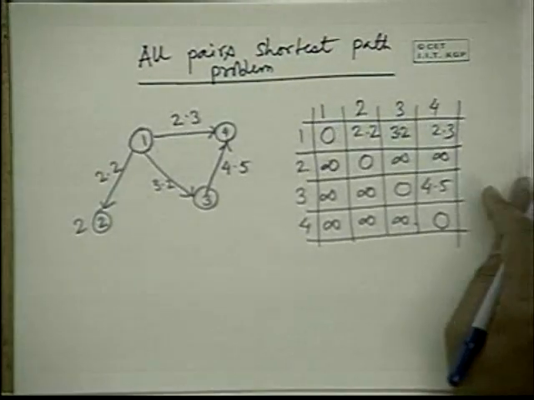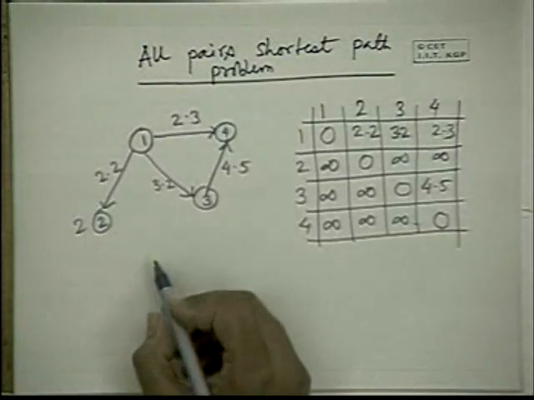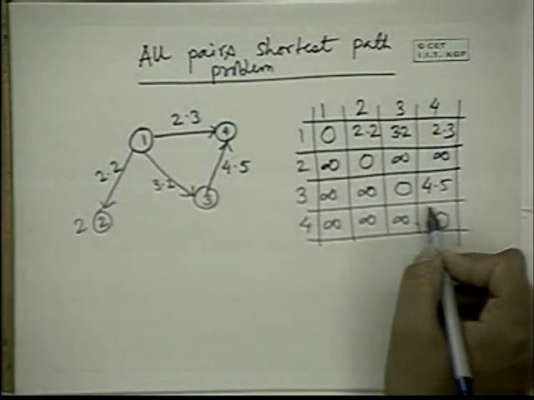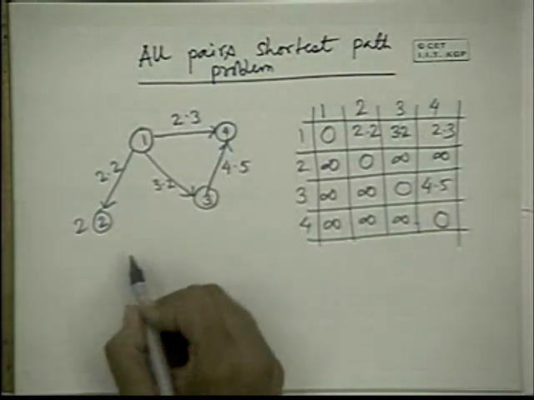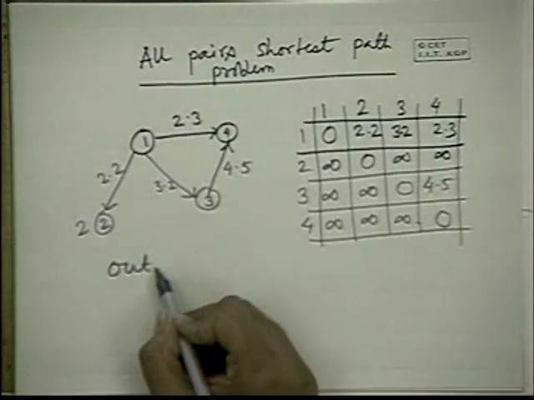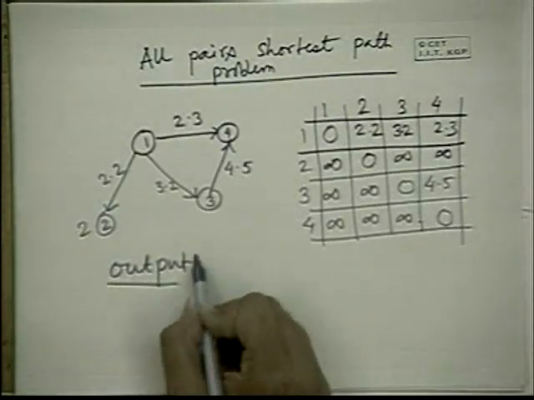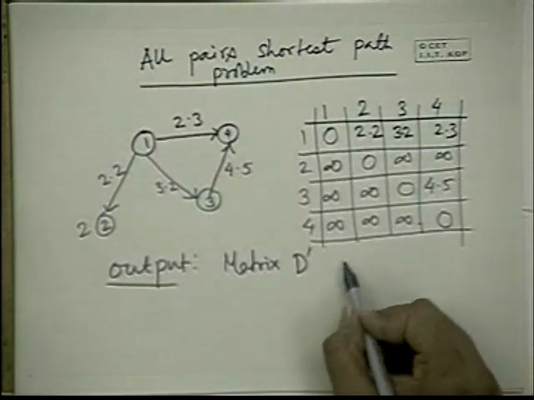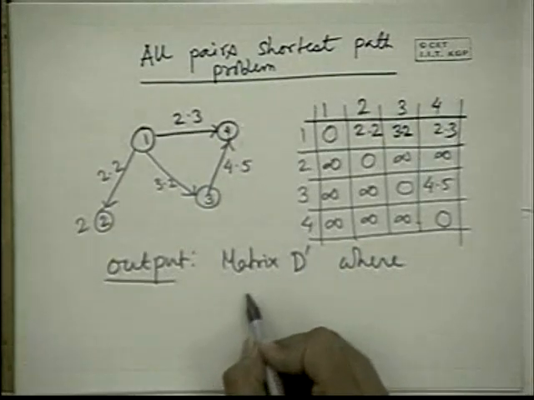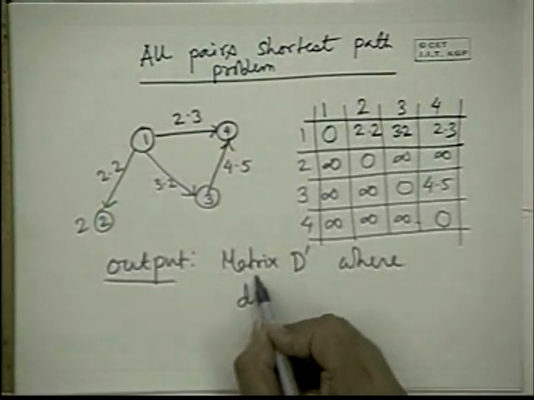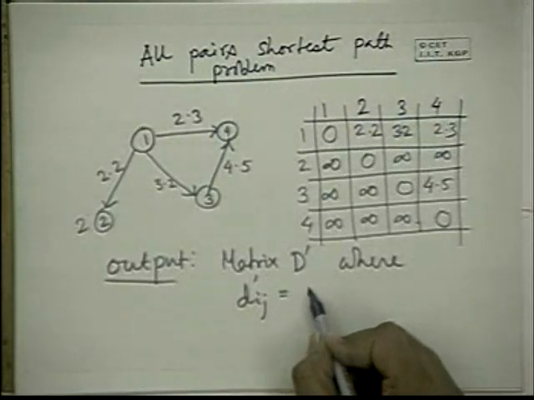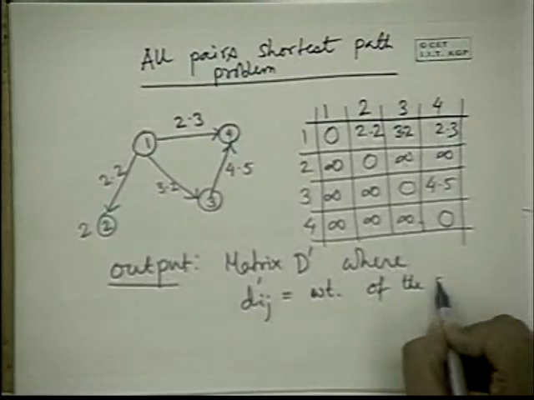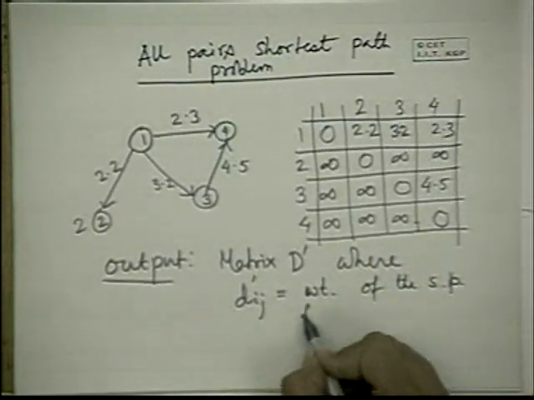Now what we want to do, given this adjacency matrix, say D, is output another matrix, say D prime, where D prime ij is equal to the weight of the shortest path from i to j.